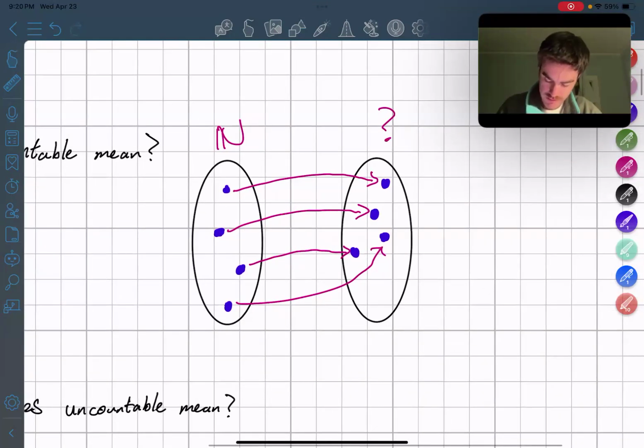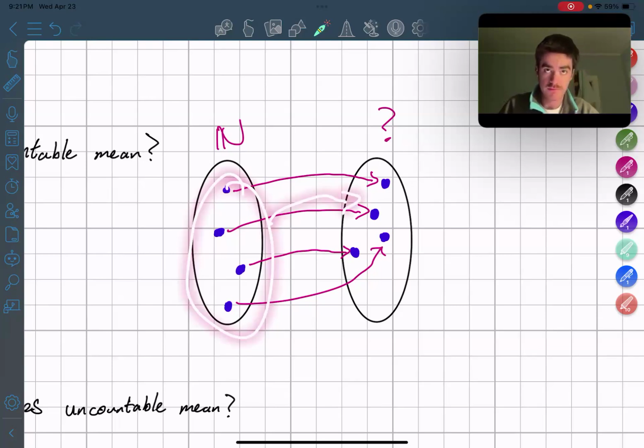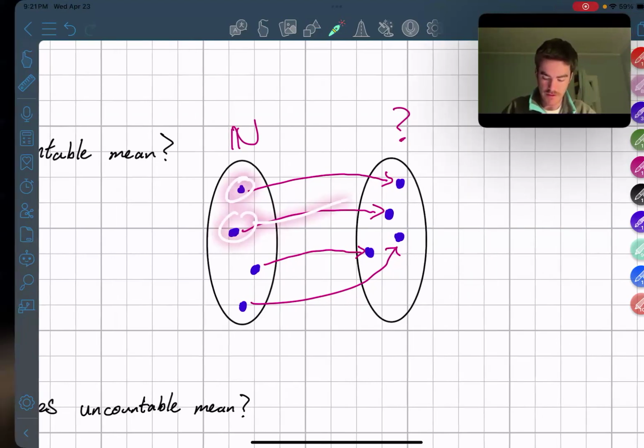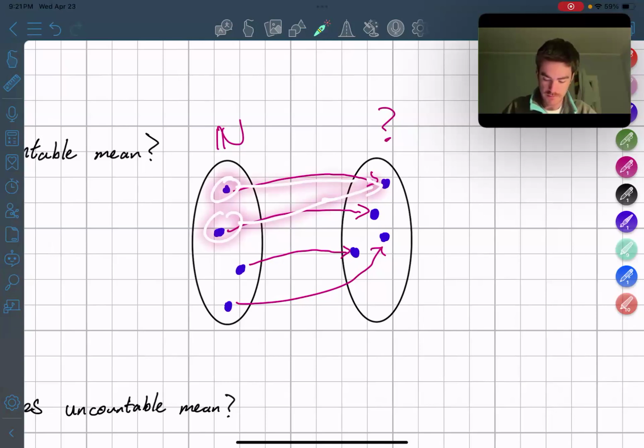So notice that none of these get left out. All four of them are in here, and all of these go somewhere. So no two elements in the naturals are going to map to the same place, and that's injective.